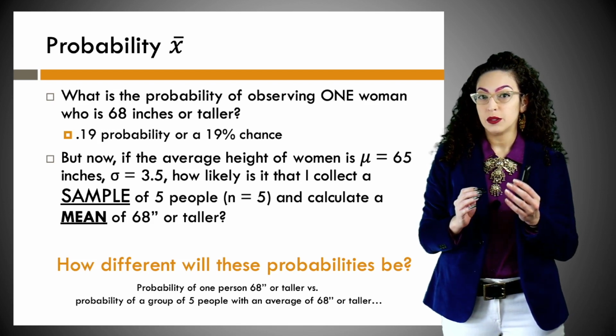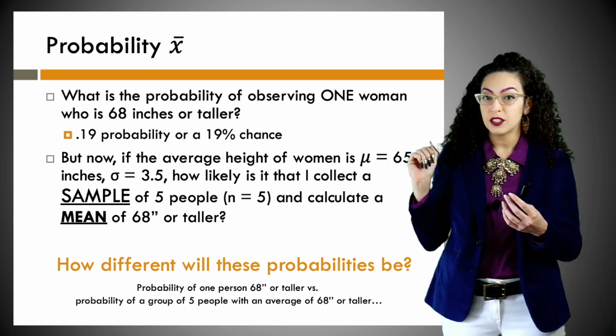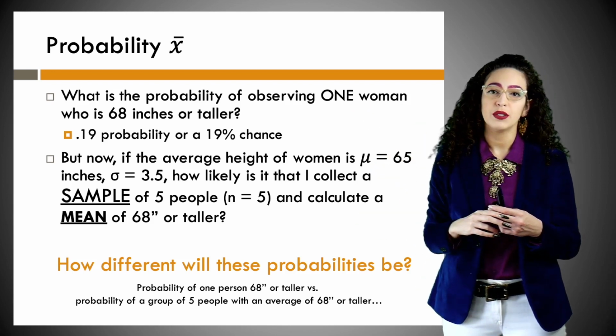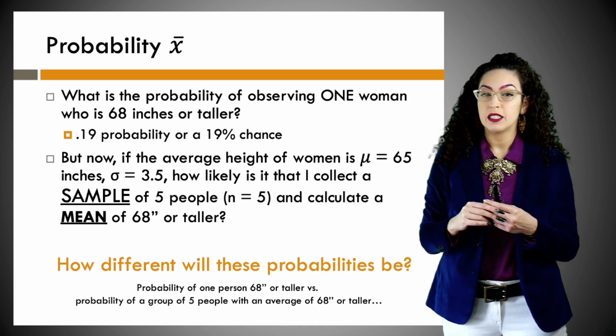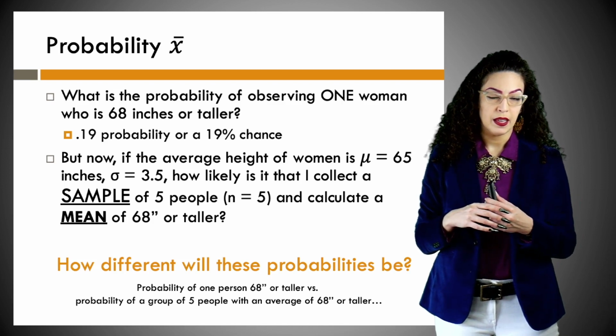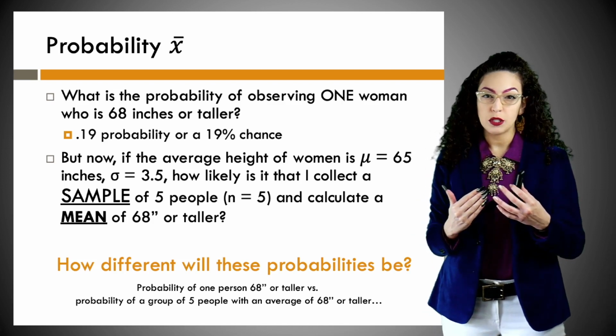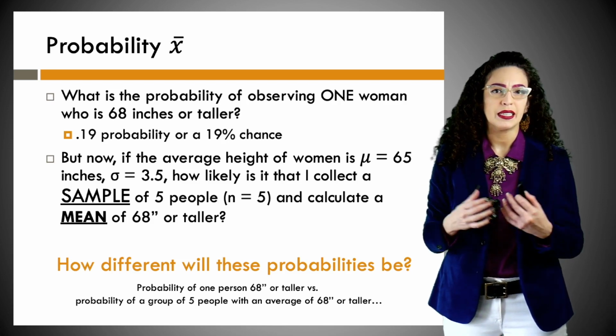Which one do you think has a higher probability? The probability of seeing one woman that tall, and the probability of seeing a whole sample mean that is that tall? Do you think the probabilities will be different? How different do you think the probabilities will be? Again, before you start any of these sorts of problems, I want you to think about them just realistically, logically.